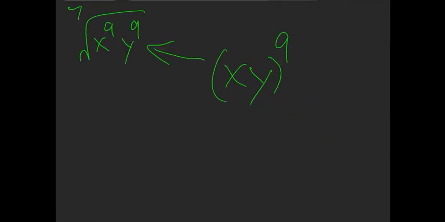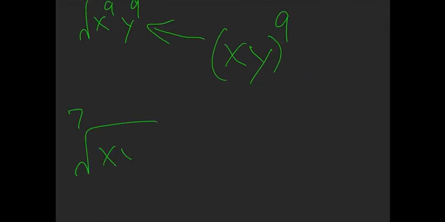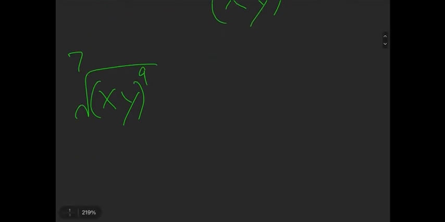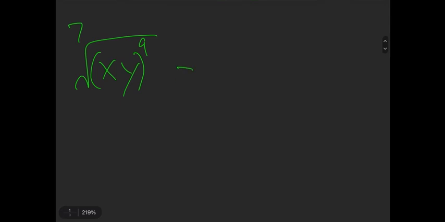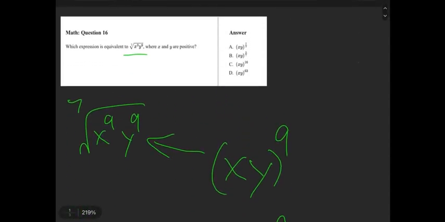Applying this rule would give us the seventh root of xy to the ninth. Turning this into an exponent, remember what I said earlier about the rule, would give us xy all to the 9 over 7th power. And looking at our answer choices, that would give us B.